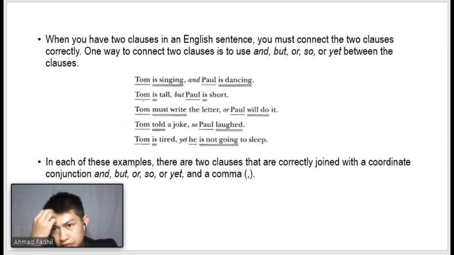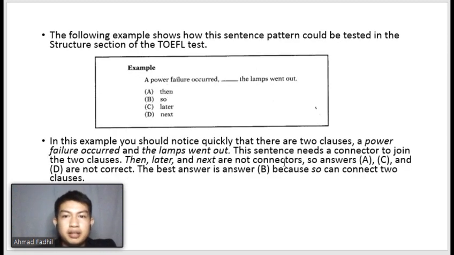Now we have an example. The following example shows how this sentence pattern could be tested in the structure section of the TOEFL test. So this kind of question always appears in the TOEFL test. Look at this example: A power failure occurred, blank, the lamp went out. In this example, you should notice quickly that there are two clauses.